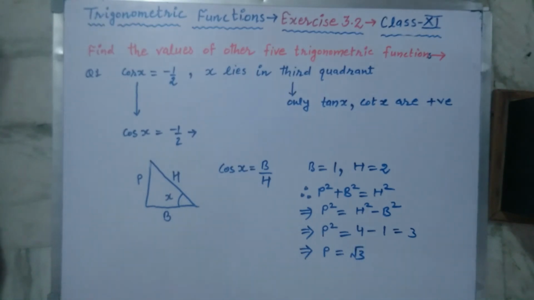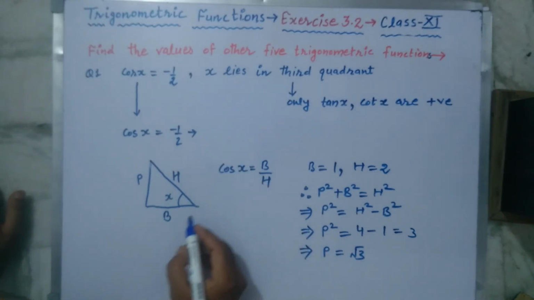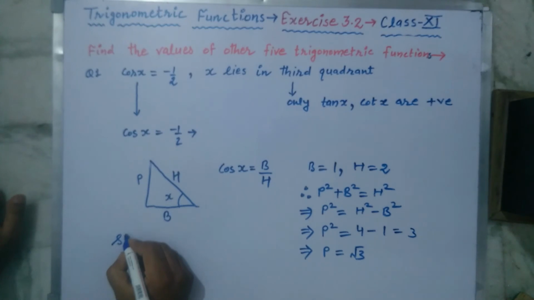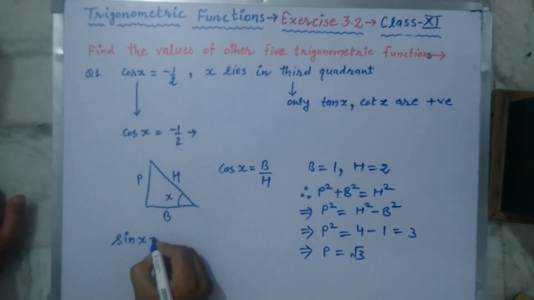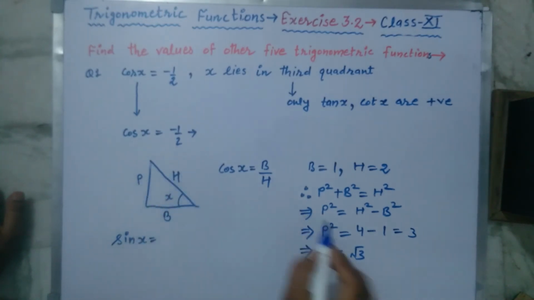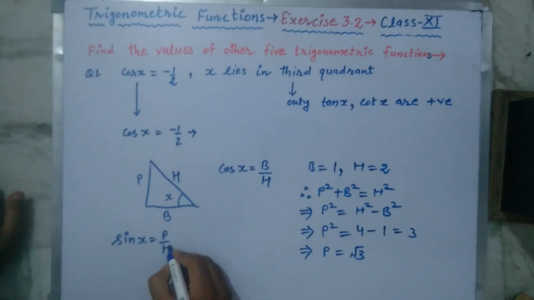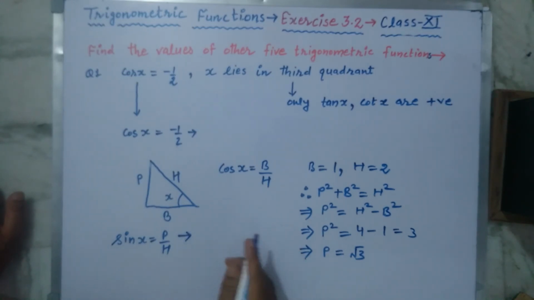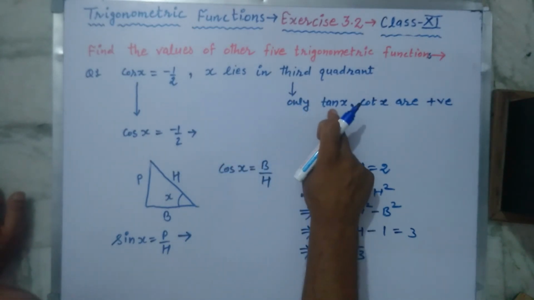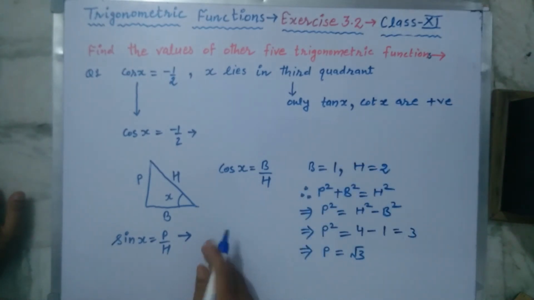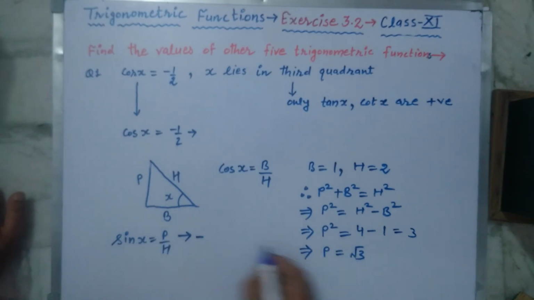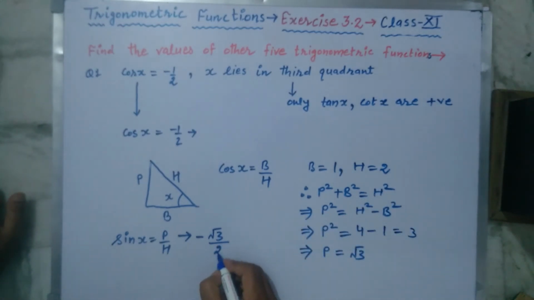So now we can find other trigonometric ratios from this result. How? Because sin of x is equal to p upon h, and because only tangent x and cotangent x are positive, this will be negative here: minus square root of 3 upon h, which is 2.